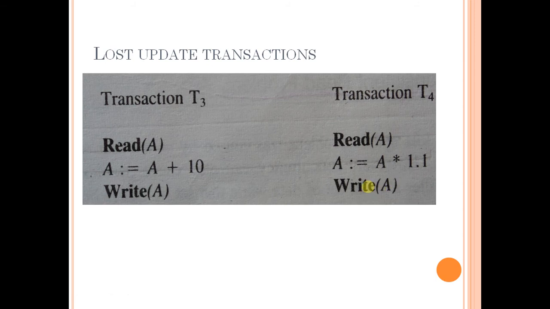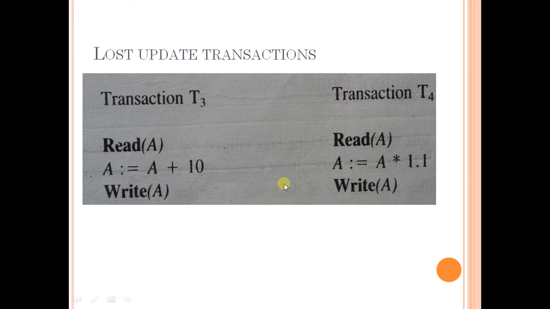Suppose A has 200, and first of all this is executed. It will read 200, make 10% of 200, that is 220. So after transaction T4, A will be 220. And when control comes here, 10 will be added, so it will be 230.